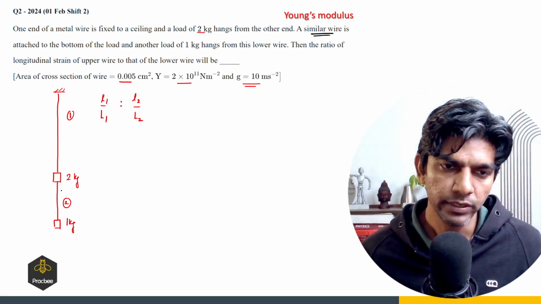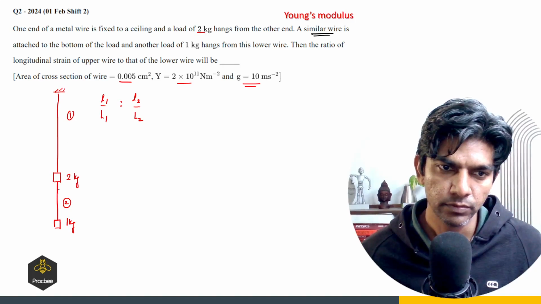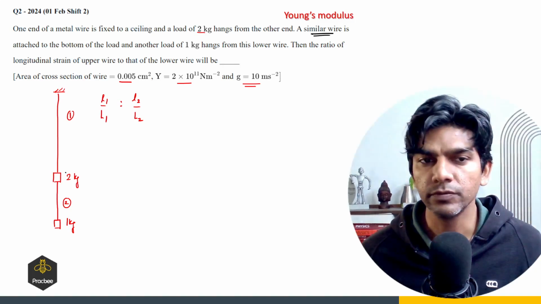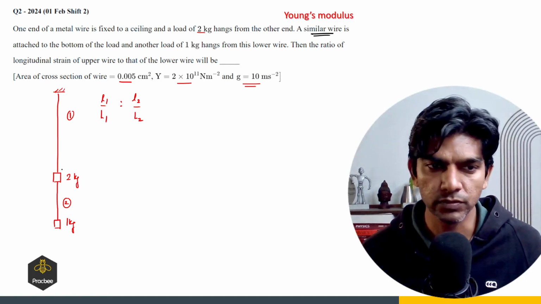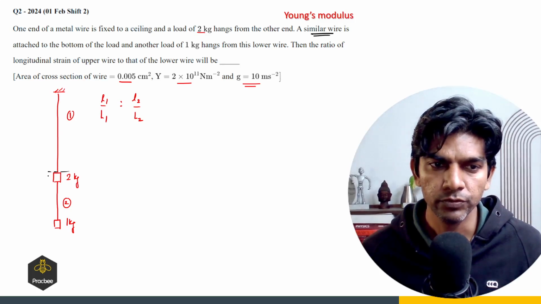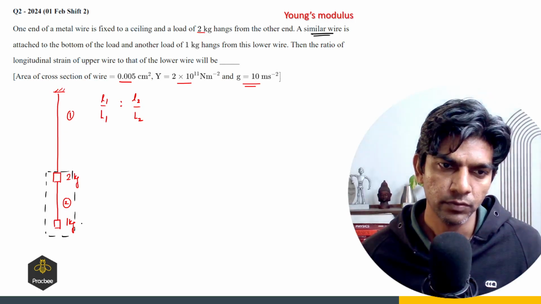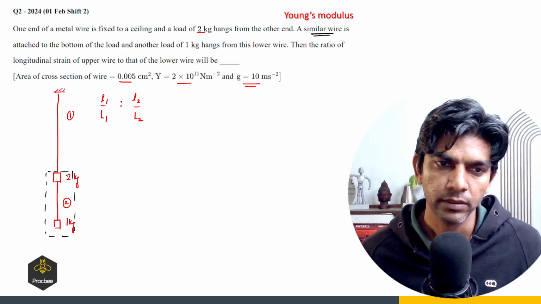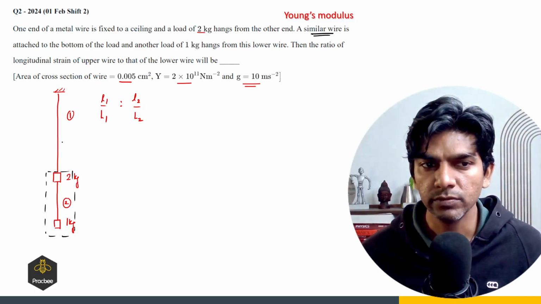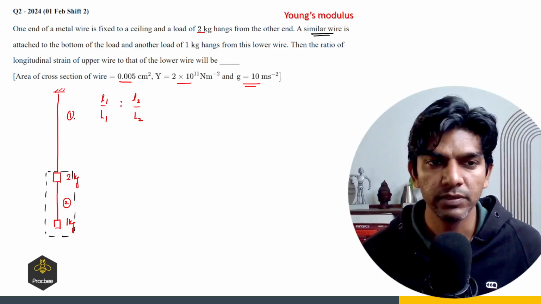So what we can do, let us find the stress in the first wire. To find the stress in the first wire, we can find the tension in the first wire. So if we draw the free body diagram of these two masses together, they are in equilibrium because of the tension developed in the first string.